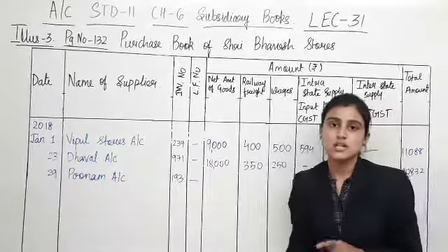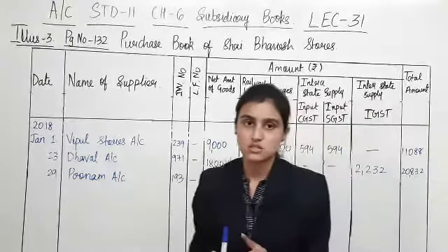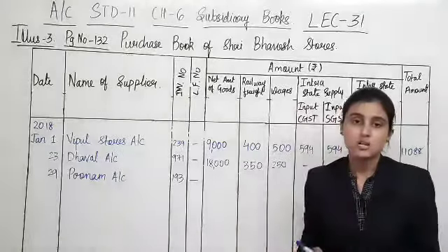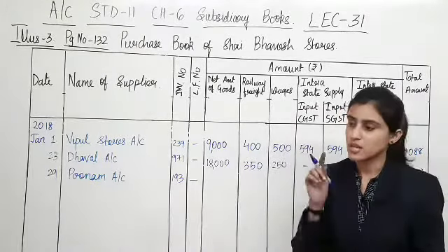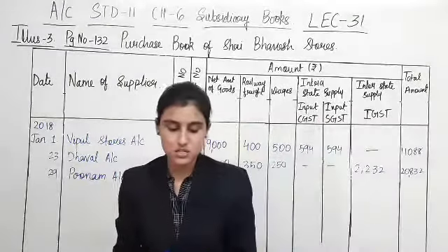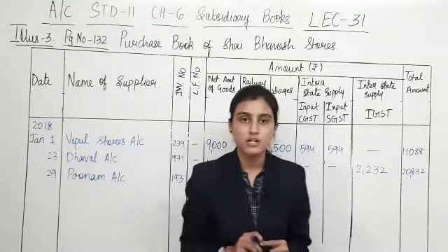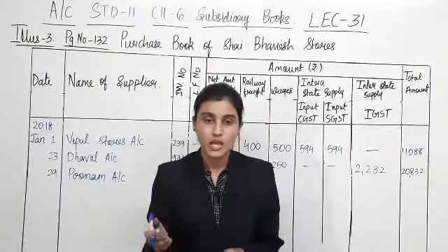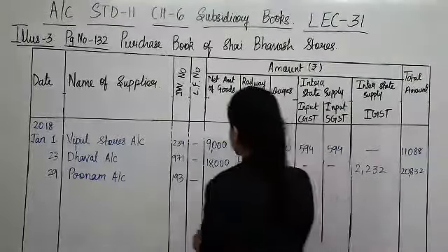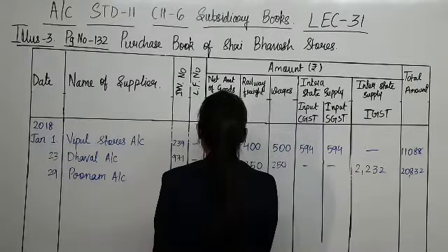Cash discount is calculated on cash transactions, but here you are recording credit transactions, so how is that possible? So cash discount will not be recorded. If we are talking about trade discount, then 10% of 8,000 is 800. 8,000 minus 800 gives you 7,200, the net amount of goods.